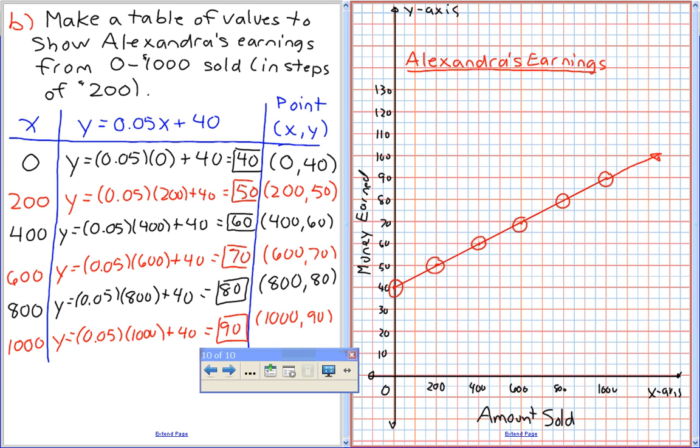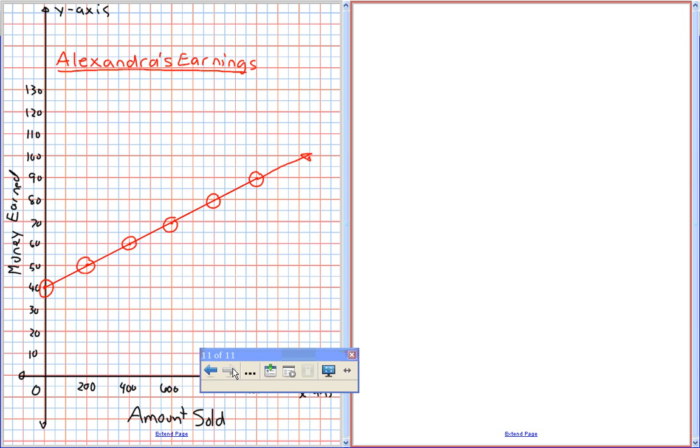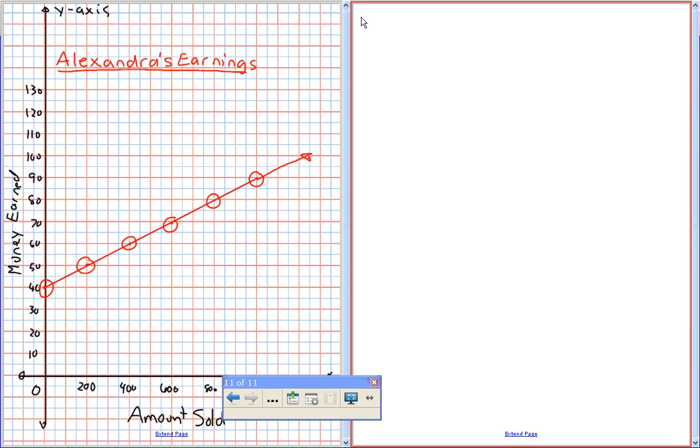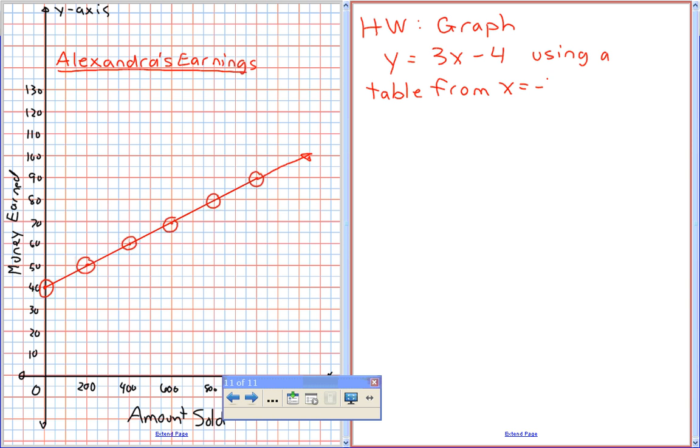Okay, I'm going to give you one homework question, and then we're going to call it a day. Here's your homework question. Graph y equals 3x minus 4 using the table from x equals -3 to x equals 3.